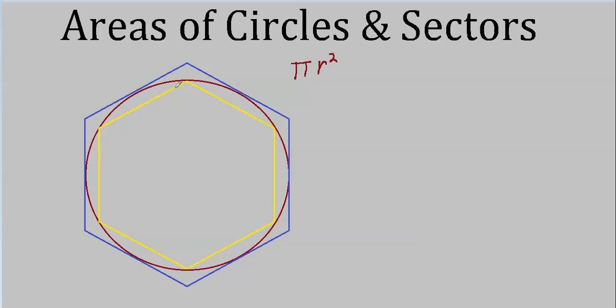That should be intuitively obvious because we're leaving out this stuff. The stuff between the chords and the arc, that doesn't get included in the area. On the other hand, the area of this blue polygon will be larger because it includes the whole circle plus some of this stuff outside the circle right here. That's almost like a triangle, except that the third side is an arc and not a line segment.